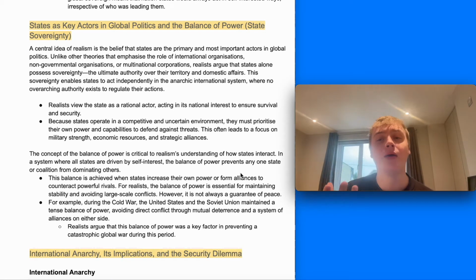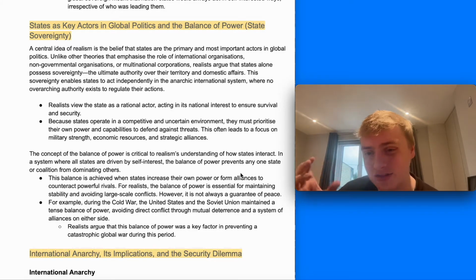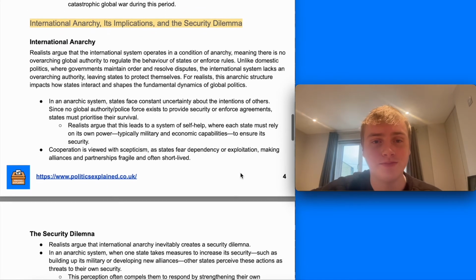Because there's a counterweight with a lot of power that could effectively destroy your country, just as you could destroy theirs, or their set of alliances and your set of alliances, that's what leads to global stability. It's not that states come together and cooperate; it's the balance of power that leads to stability in the international order.